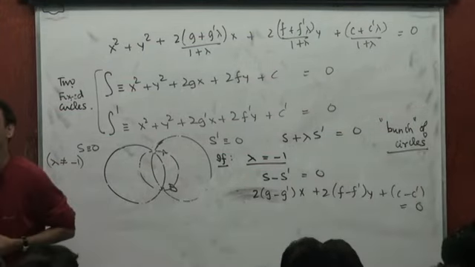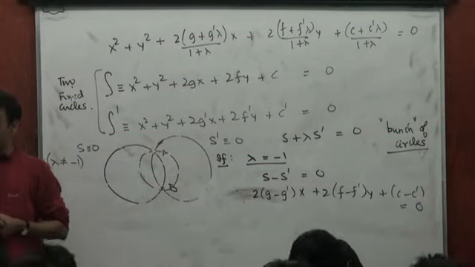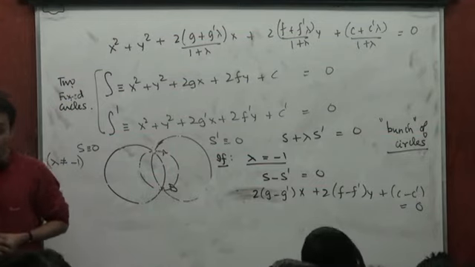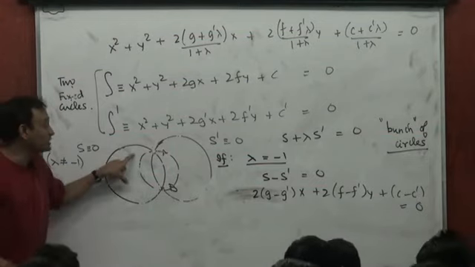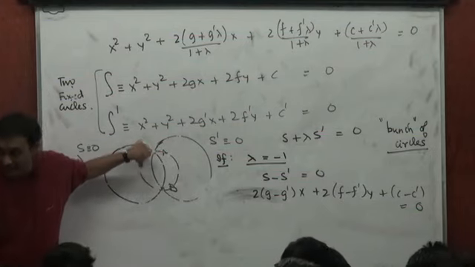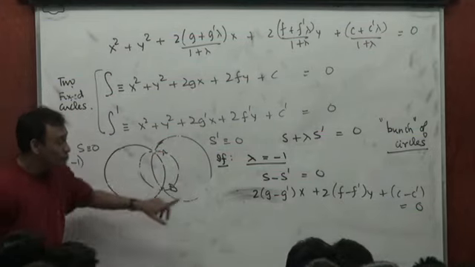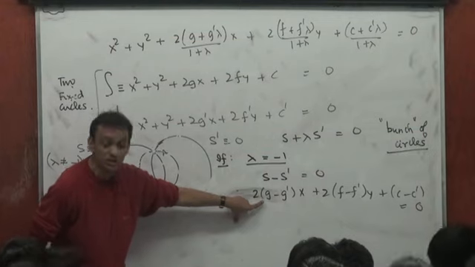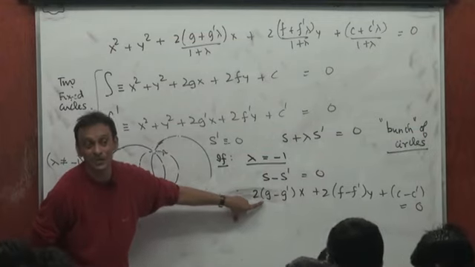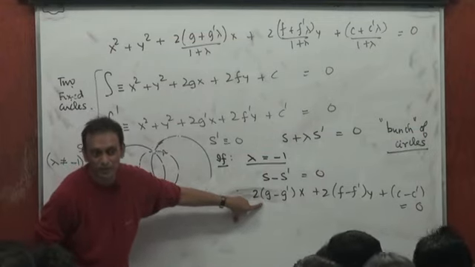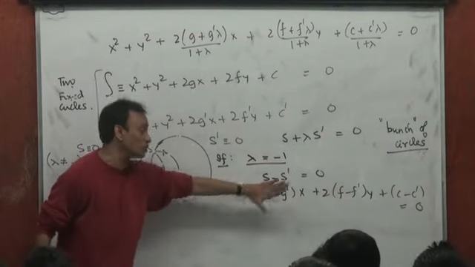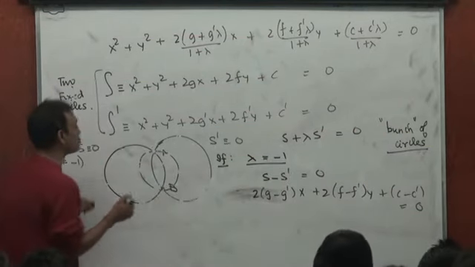Which is what? A straight line passing through A and B. And what are A and B? A and B are the intersection points of two fixed circles, S and S prime. So it represents a straight line passing through A and B.